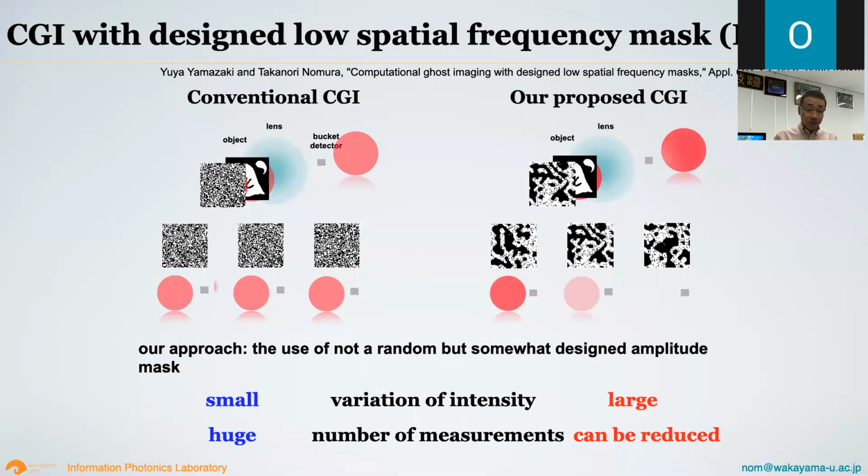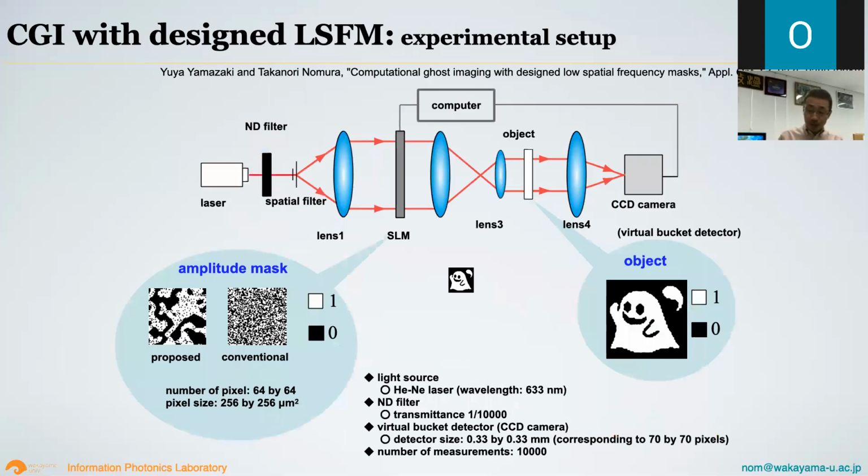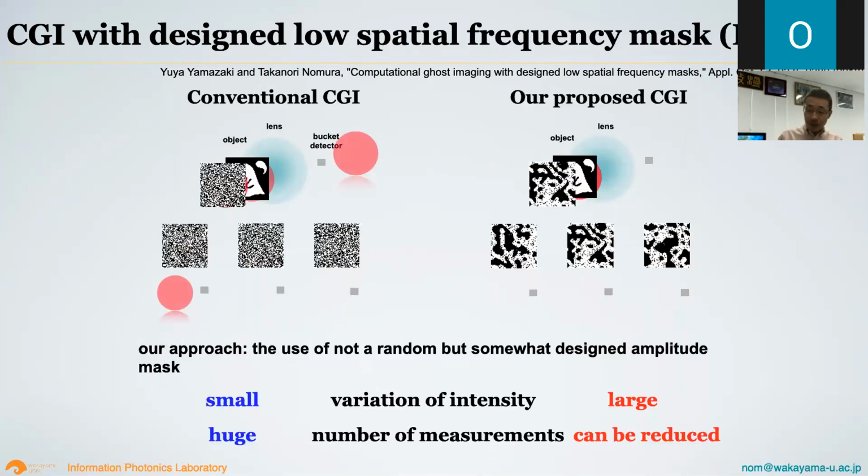With the conventional mask, when we change the random mask, the change of the intensity is very small, not significant. But in our case, the random pattern is drastically changed, so the intensity is very different like this.